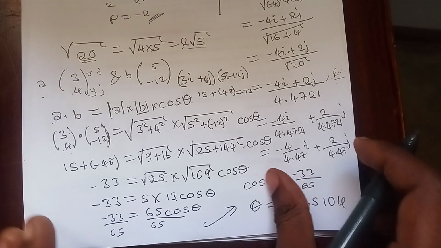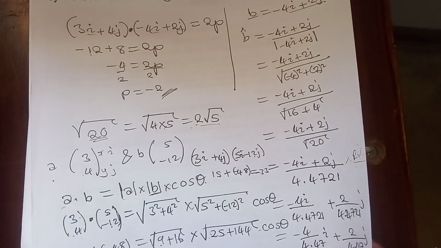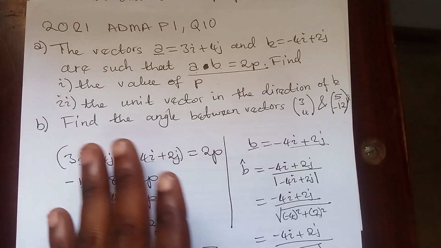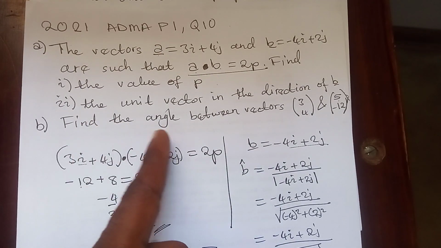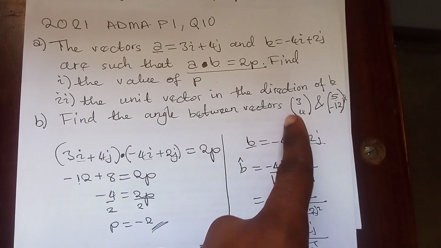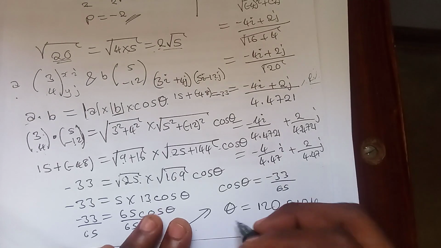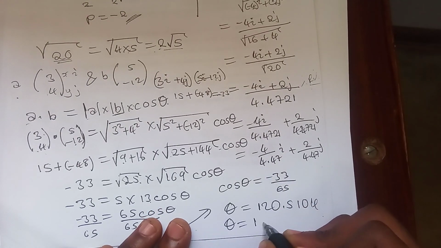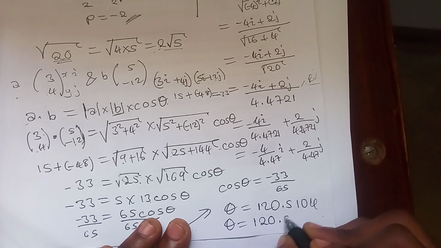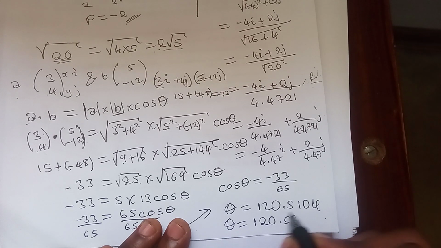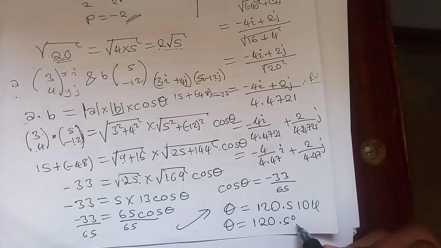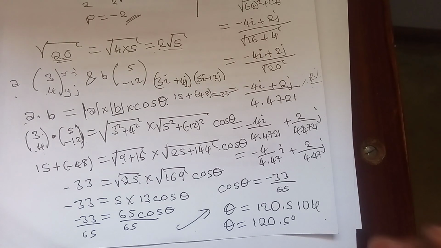Let me just check, is the answer supposed to be in degrees? They didn't really state, they just said find the angle between the vectors. So the angle will be 120.5. Remember, for angles in degrees, you have to round your answer correct to 1 decimal place, like that. You're done.